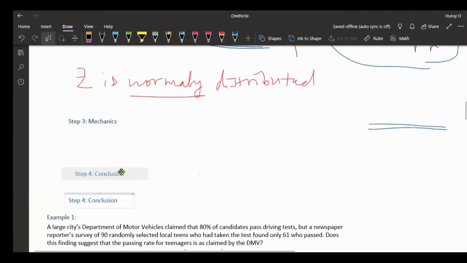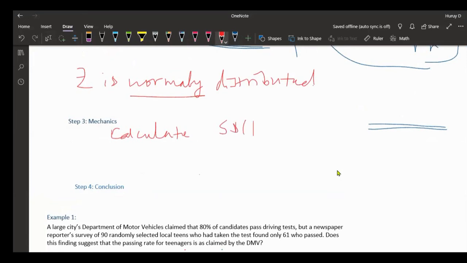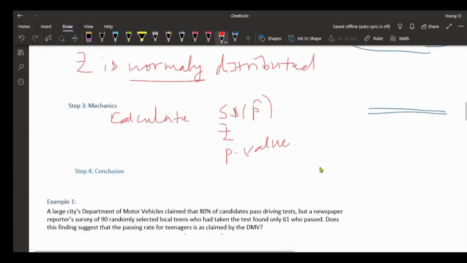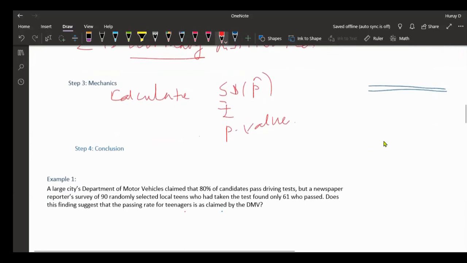What we do is calculate, of course, the standard deviation of p hat, and then the z value, and then the p value. Well, still we don't know what p value means, but we will see what that means. And then finally we go to the conclusion.